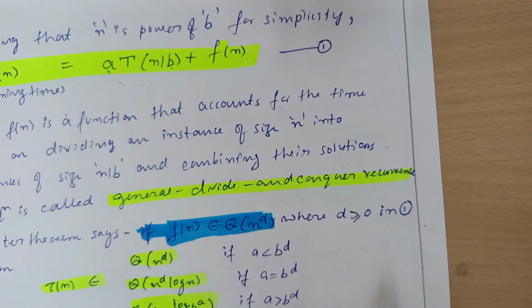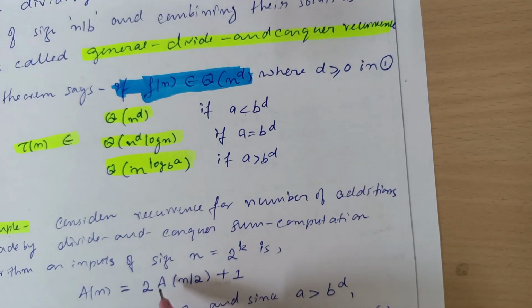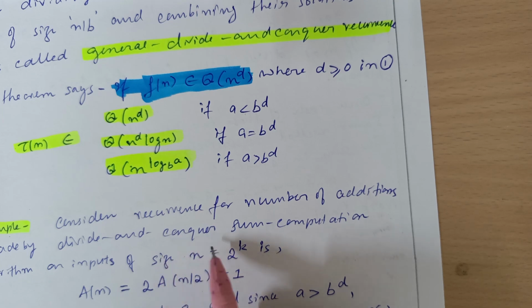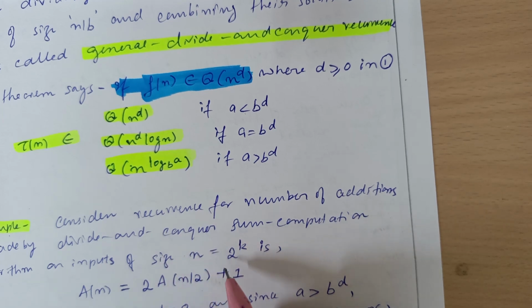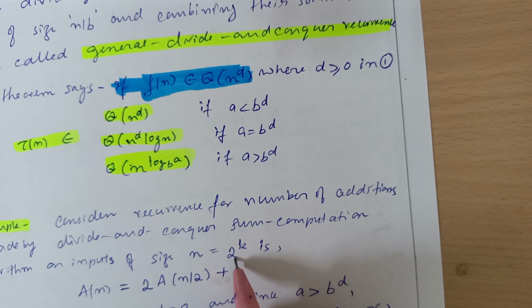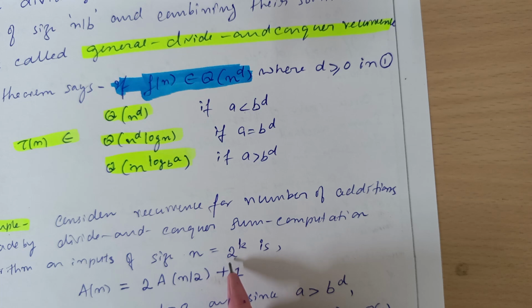We'll see one example. Previously we had considered addition, and we are always making one assumption, that the total size n can be represented as 2 to the power k. That is an assumption we made for easy computation.